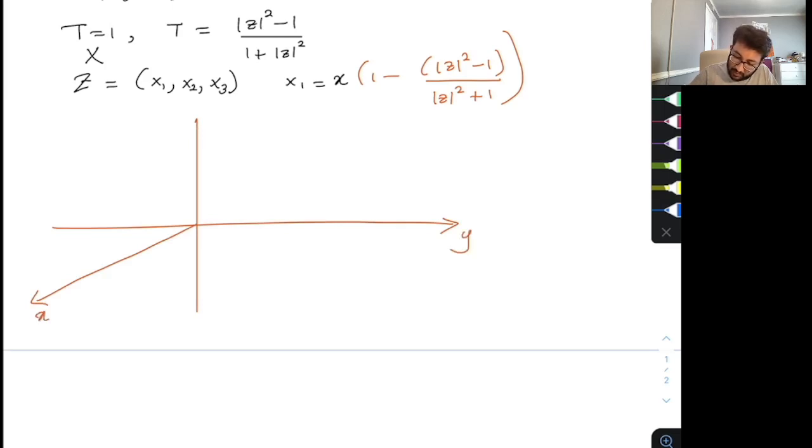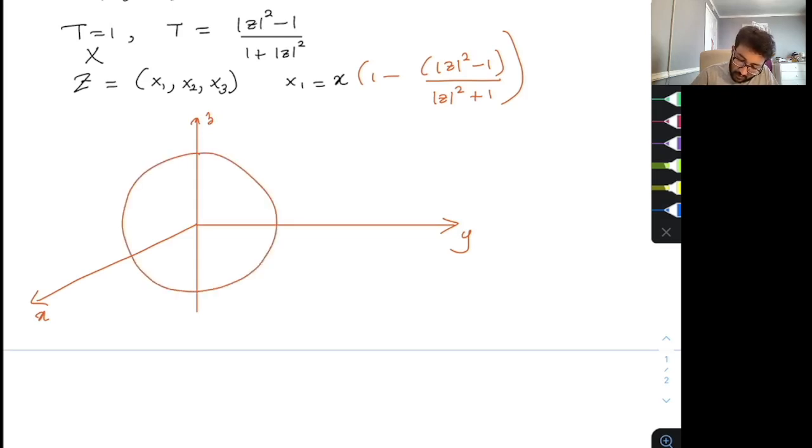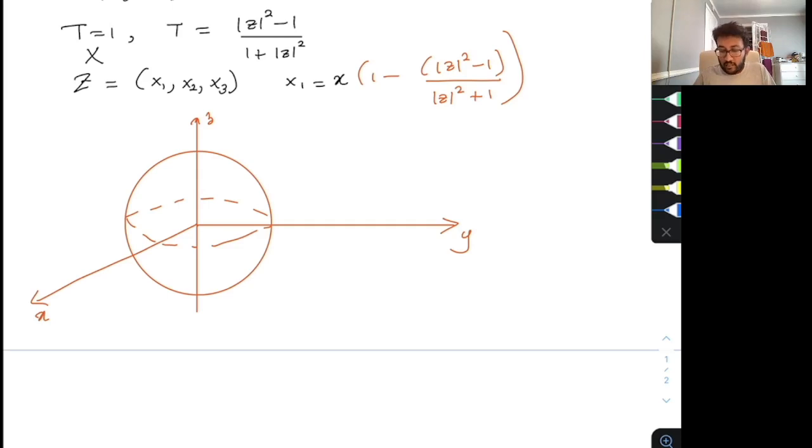This is your x, y and z axis, and this is your unit sphere.